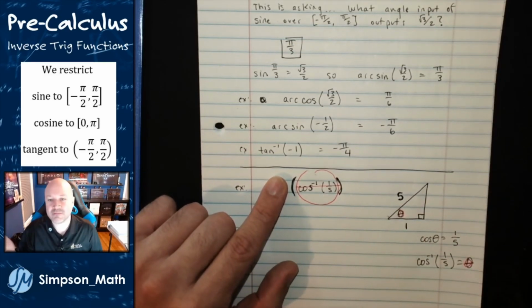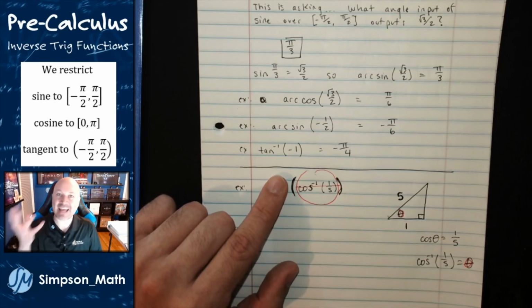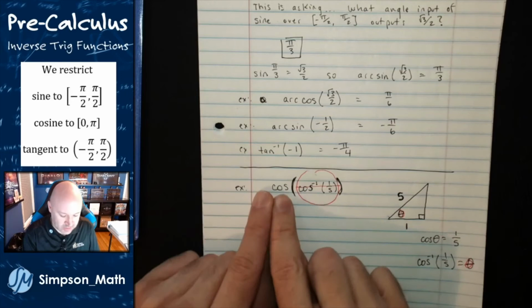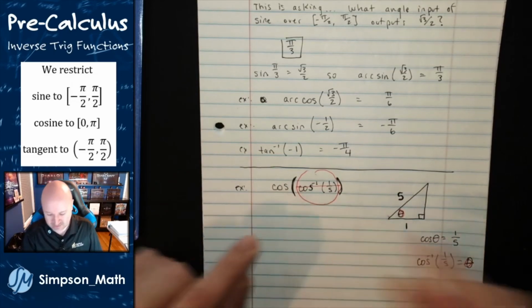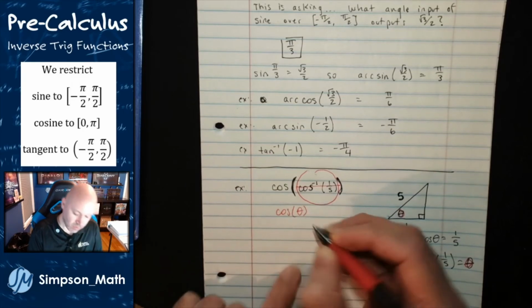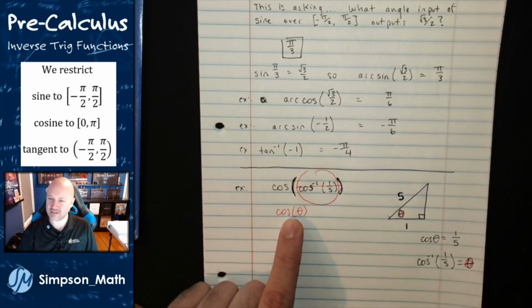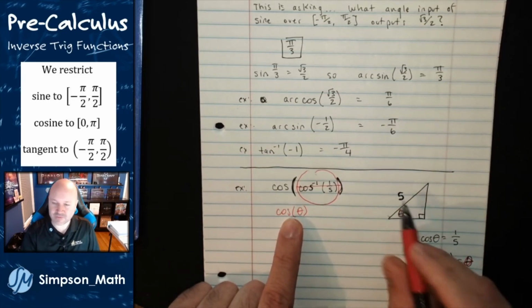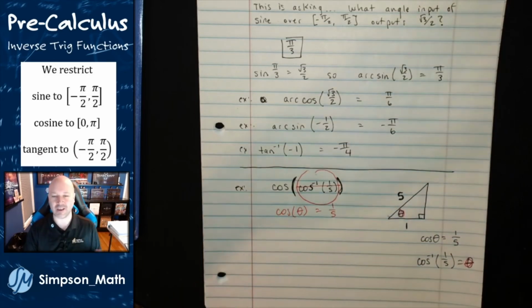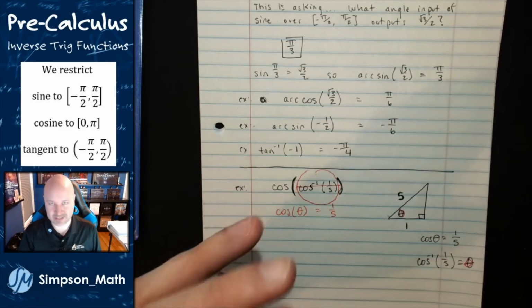I don't know the angle. 32 degrees, I'm not sure. But it's that angle theta. Now my question is, well, what is cosine of theta, of that angle? Oh, I know what cosine of that angle is. Cosine of theta is 1/5.